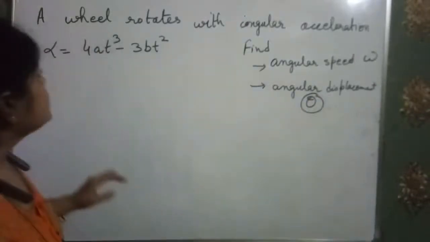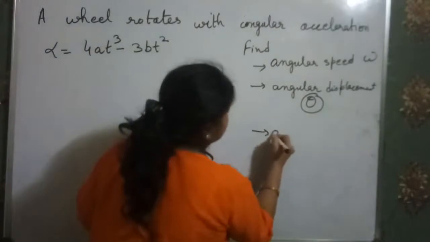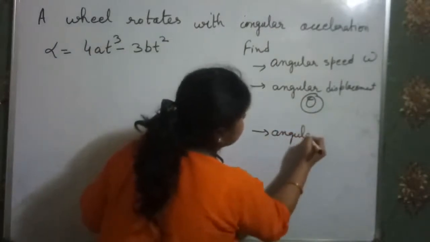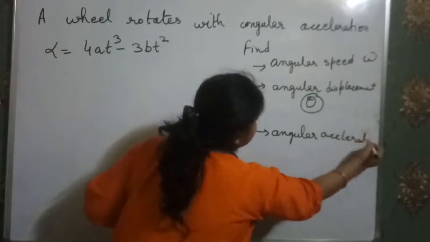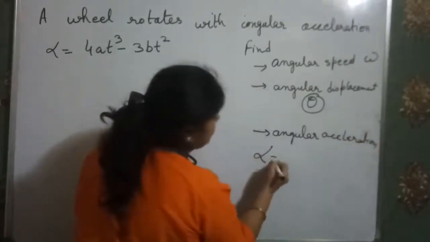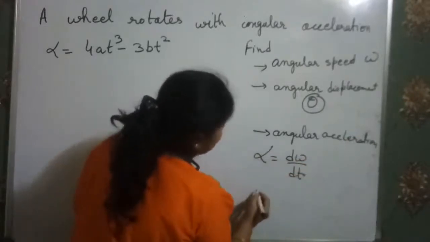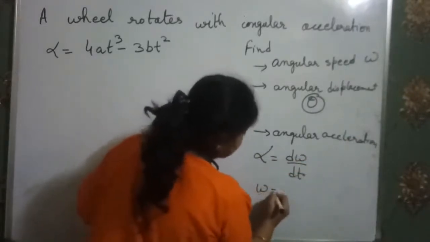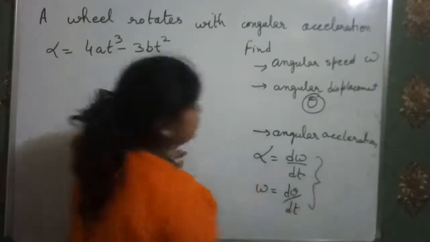So we know angular acceleration alpha is equal to d omega by dt, and omega is equal to d theta by dt. Just remember these two formulas.